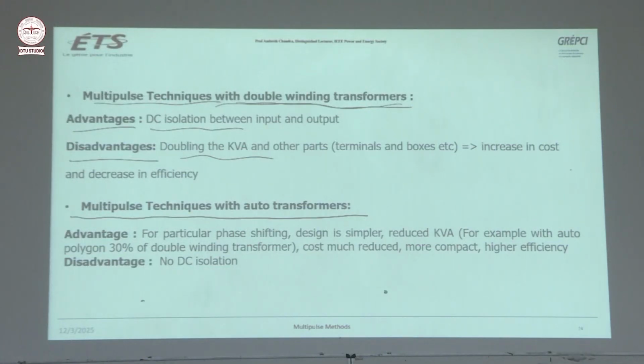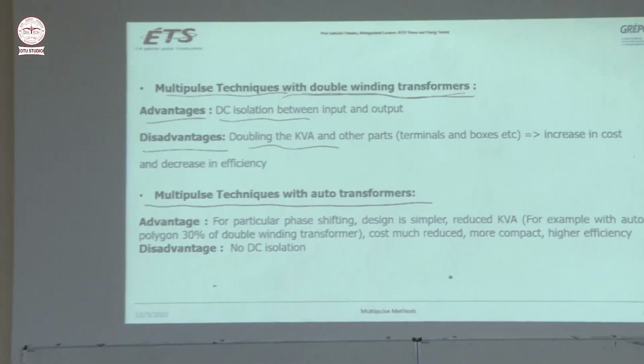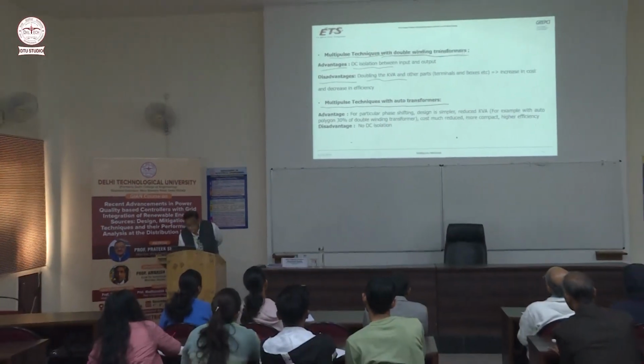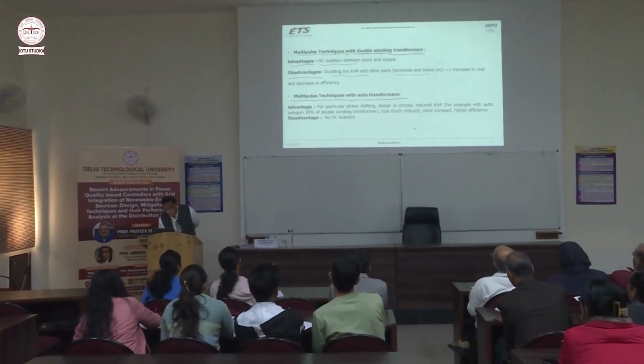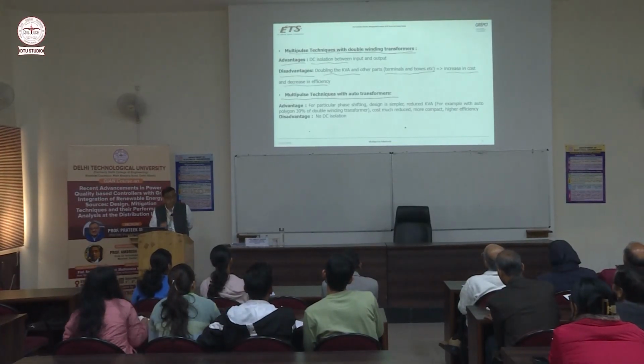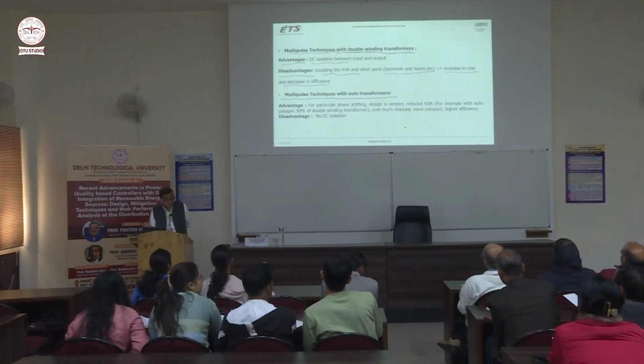Like if we say, okay, I have a double winding transformer and it is a 10 kVA capacity. So input winding is 10 kVA and output winding is also 10 kVA because power has to be transferred. So you are doubling the kVA, right? So it will increase the size, terminals, boxes, and it will increase the cost and decrease the efficiency because more winding wire and more losses are there.